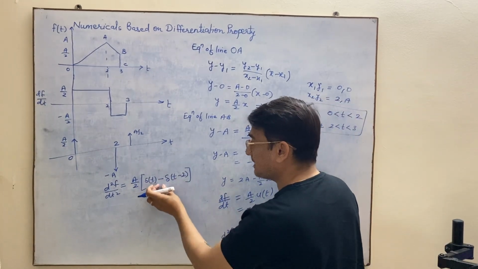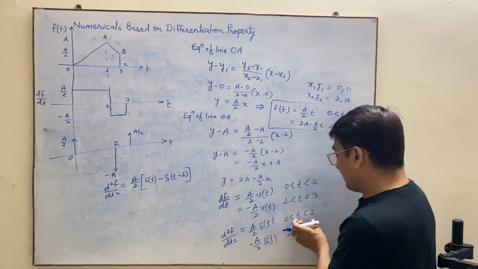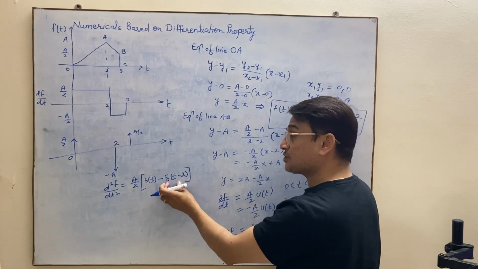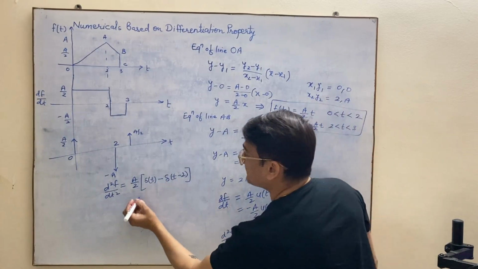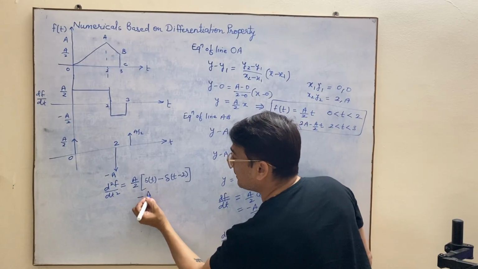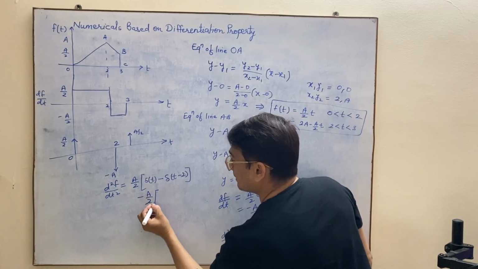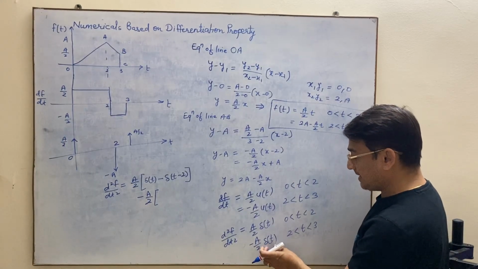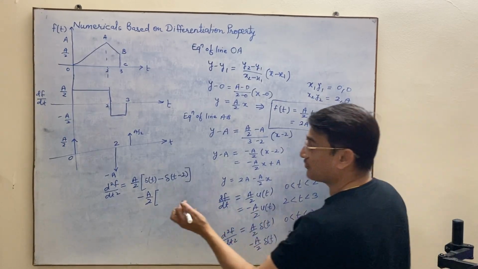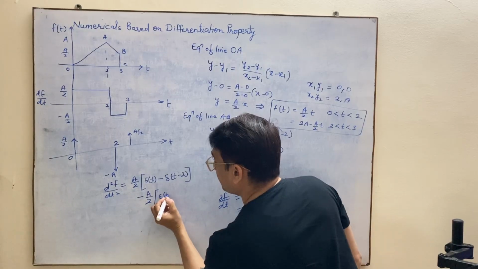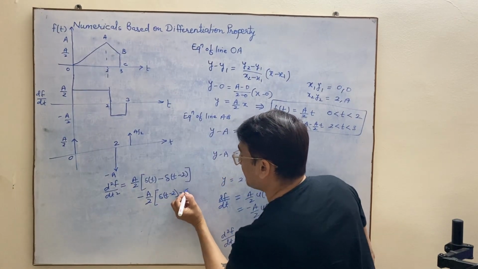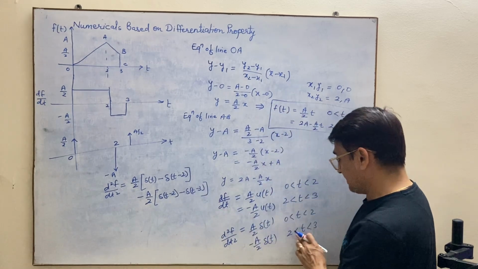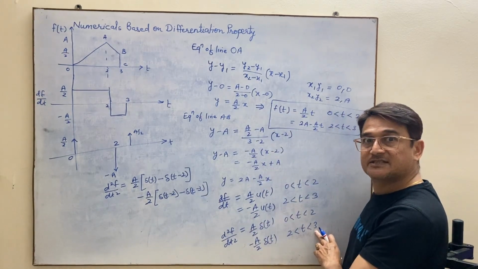Lower limit means it exists at t is equal to 2, so it will be delta t minus 2. Then this is a negative sign, minus, it will be a continuous equation. This is delta t at 2, which is delta t minus 2 and then minus delta t minus 3, because the last sample exists at t is equal to 3.